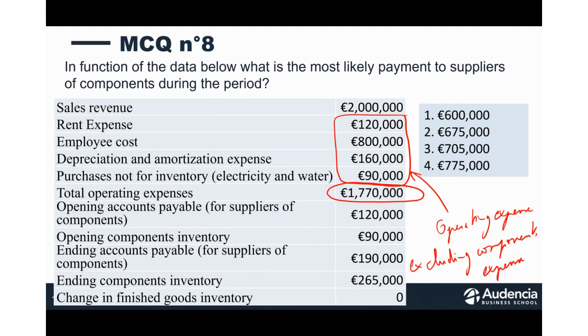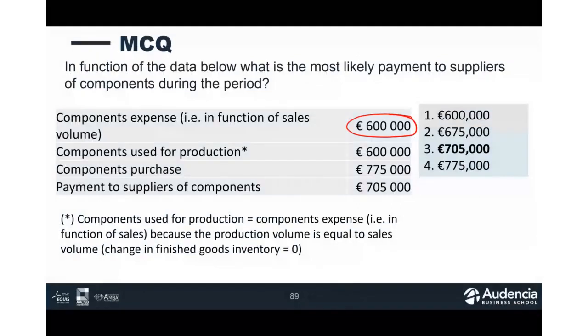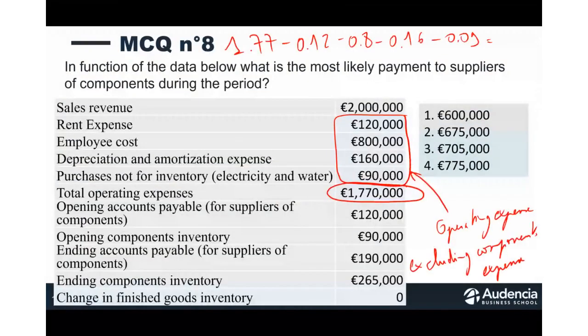So in order to find 1,770,000, we need the component expense. So by difference, 1.77 million minus 0.12 minus 0.8 minus 0.16 minus 0.09, we have the components expense. So the component expense is 0.6 million. This 0.6 million is the component expense in function of the sales volume.